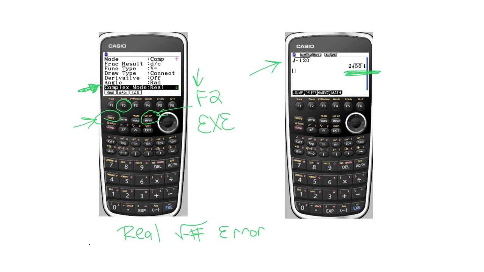So this is the problem we did on the last screen. And we got the same thing, 2 times the square root of 30, all times i. All right, so just remember that so that you can put it back to real when we get later in the chapters here.